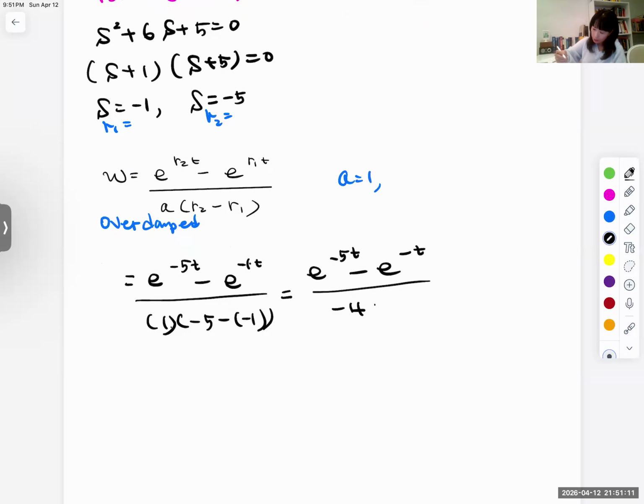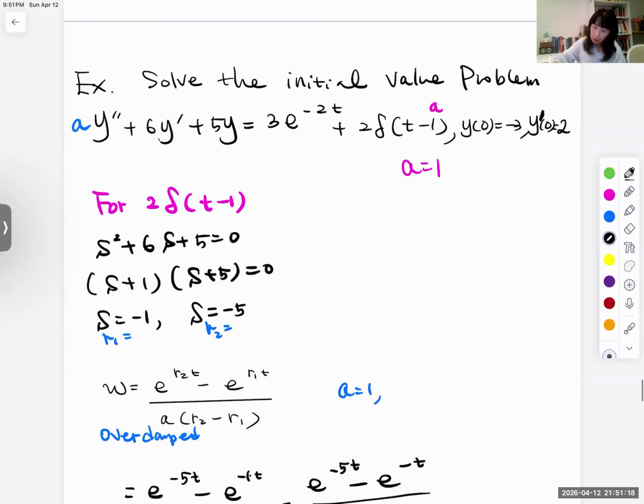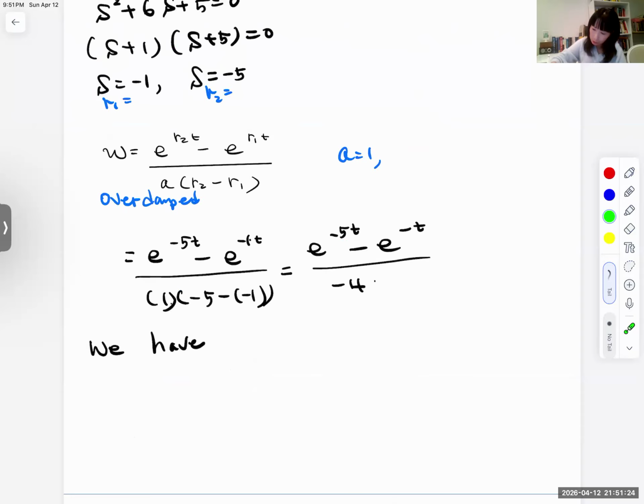So this will be changed that we have, look, we have 2 lambda t minus 1, right? So 2 lambda t minus 1. So we have a shifting by 1.